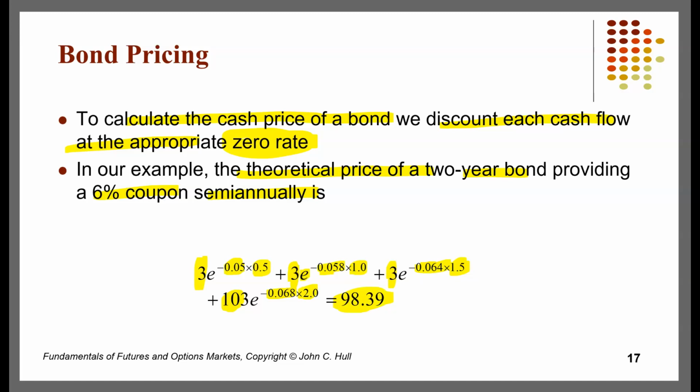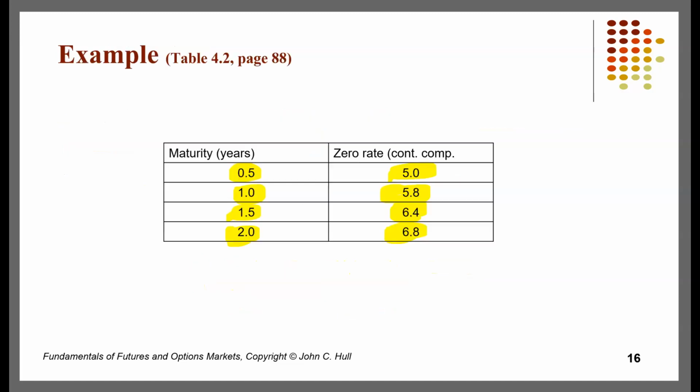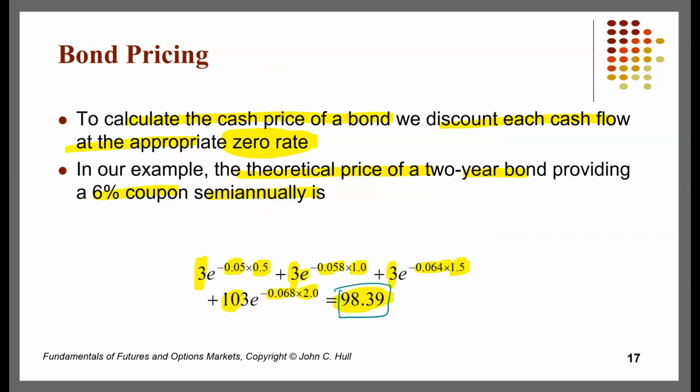Now, how do you go about finding the yield to maturity on the bond? We use the zero curve, which is this matching of zeros and maturity, in order to find the price of the bond. So now we found the price of this bond.